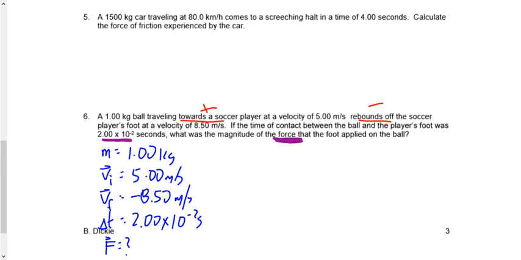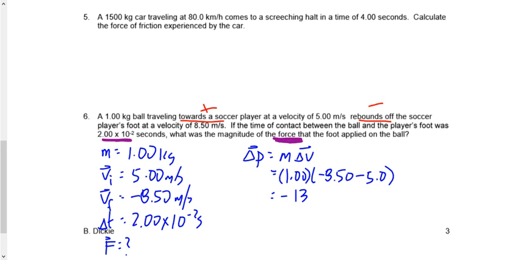Okay, so delta P is equal to M times delta V. M is 1 kilogram. Delta V is VF minus VI, or negative 8.5 minus 5. So what is that? Negative 13.5. Yeah, negative 13.5 Newton seconds. Good. There's the impulse. But that's not what I'm looking for, right?